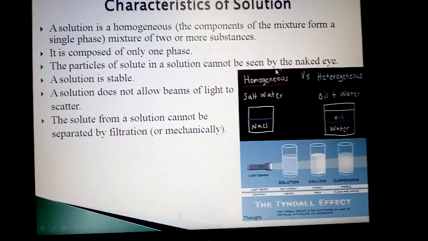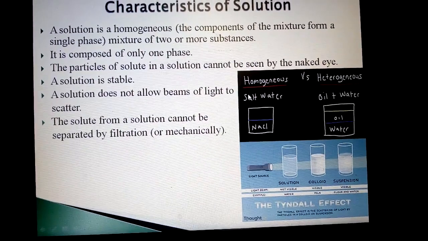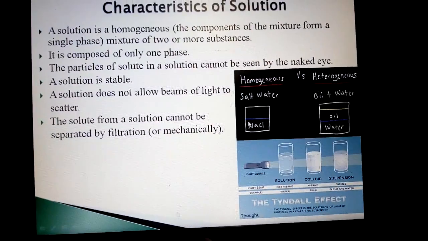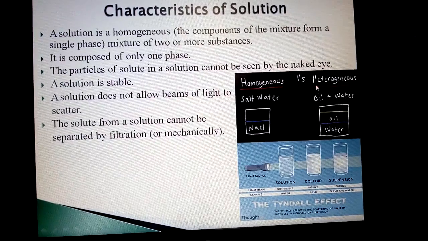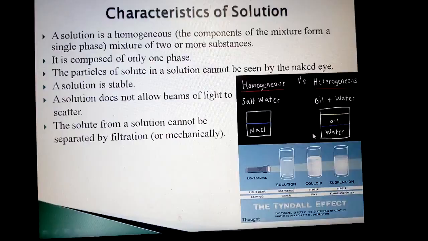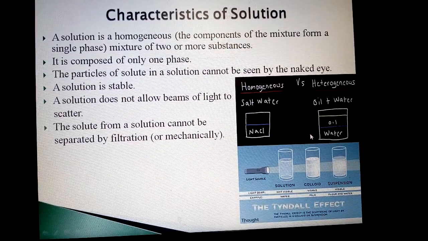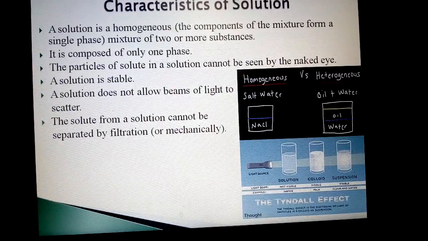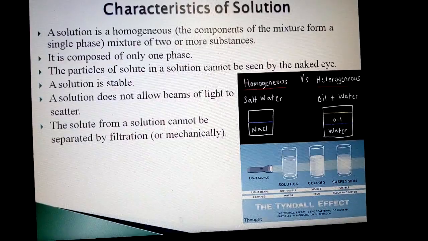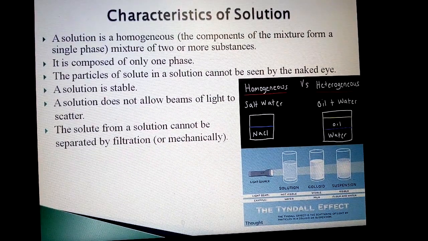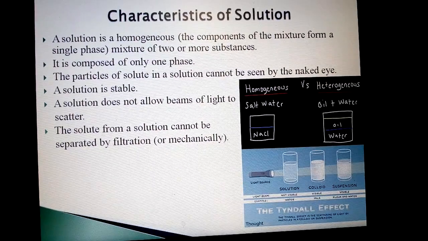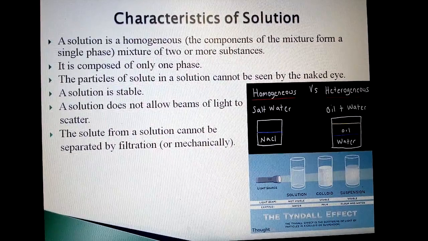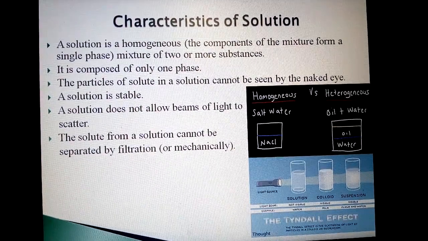We can visualize in that slide homogeneous, like salt and water, which acts as a homogeneous mixture, and heterogeneous is oil and water, which have two different phases, so they serve as heterogeneous mixtures. Or we can also say that a solution is a homogeneous mixture of atoms, ions or molecules having a single phase. That is also considered as a solution.